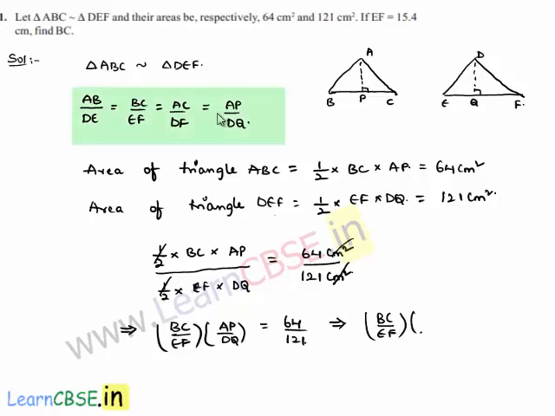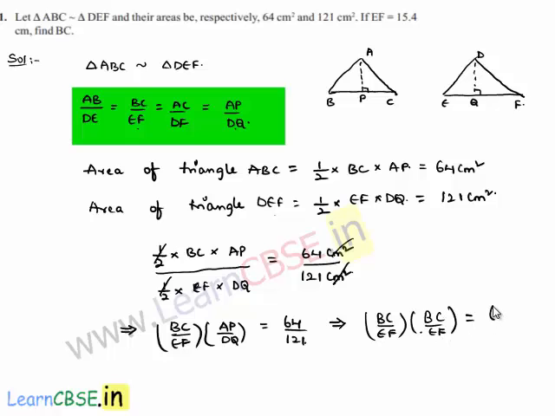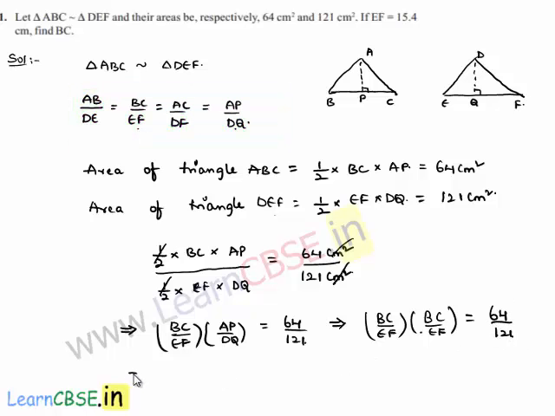From here we can say that AP by DQ is equal to BC by EF. So by substituting that, we get BC by EF into BC by EF is equal to 64 by 121, which implies BC by EF whole square is equal to 64 by 121, which can be written as 8 by 11 whole square.